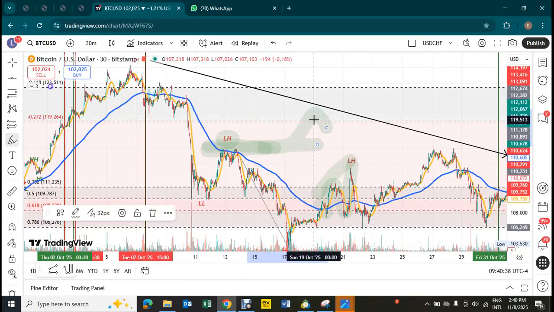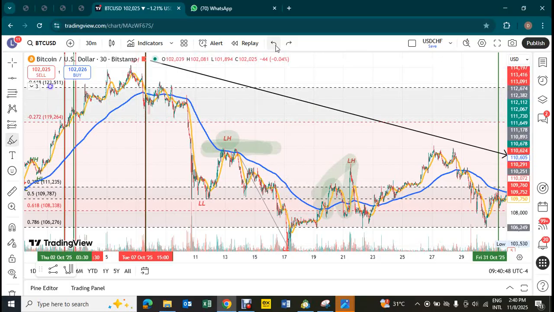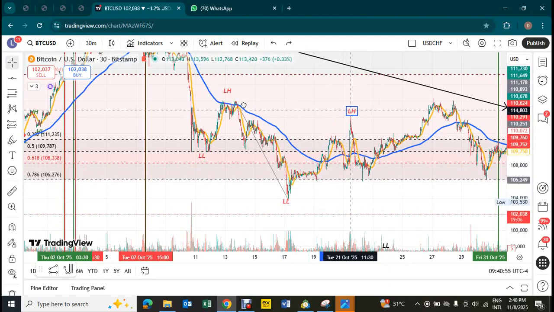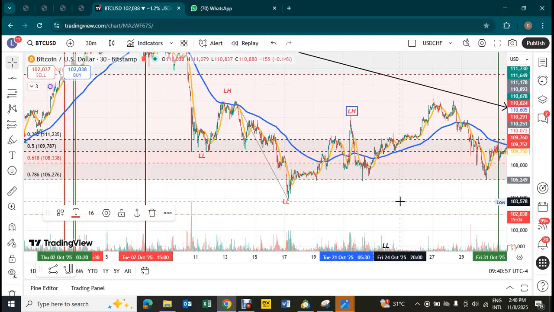That's the only way you can say price has shifted, it's no longer a lower high, now it's going to be higher highs and higher lows. That's just by the way. So let's continue. Now we can put our lower high here as long as it's not breaking this one here, so it's fine. Great.